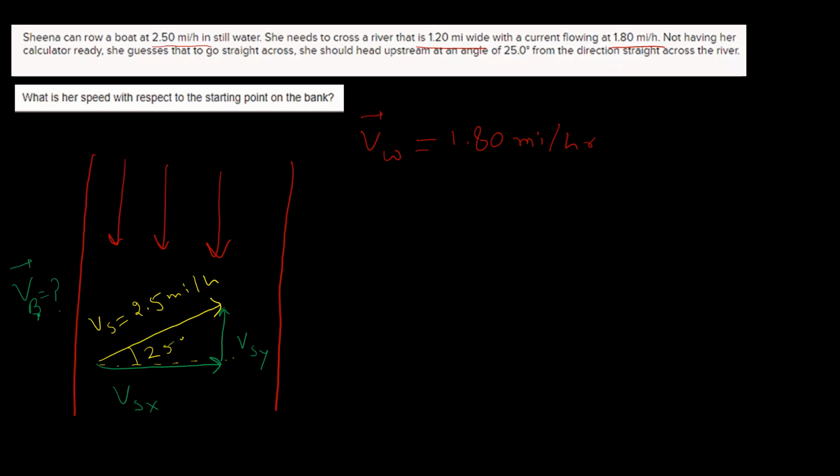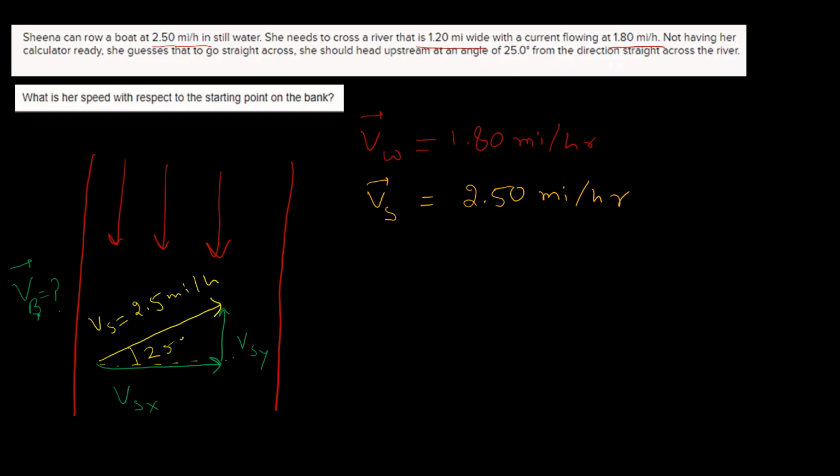What will this be? So we have VW, we have VS, Sheena's velocity, and that is 2.50 miles per hour. We have these two things given to us.